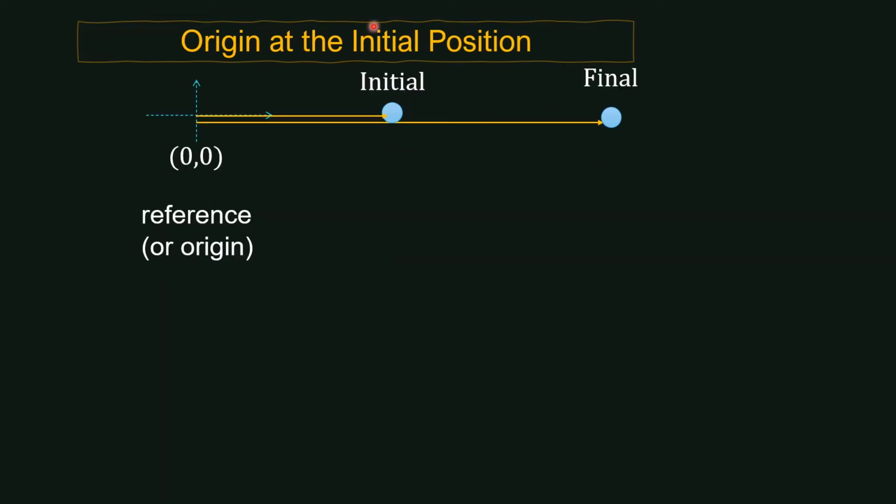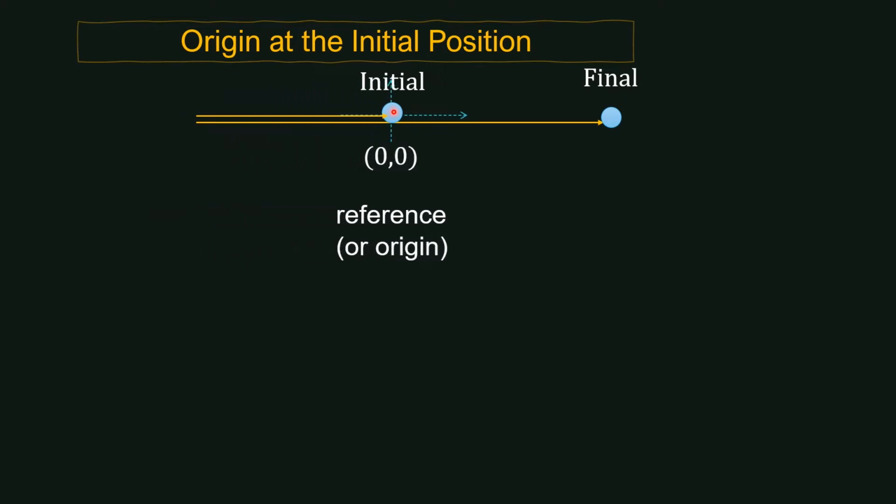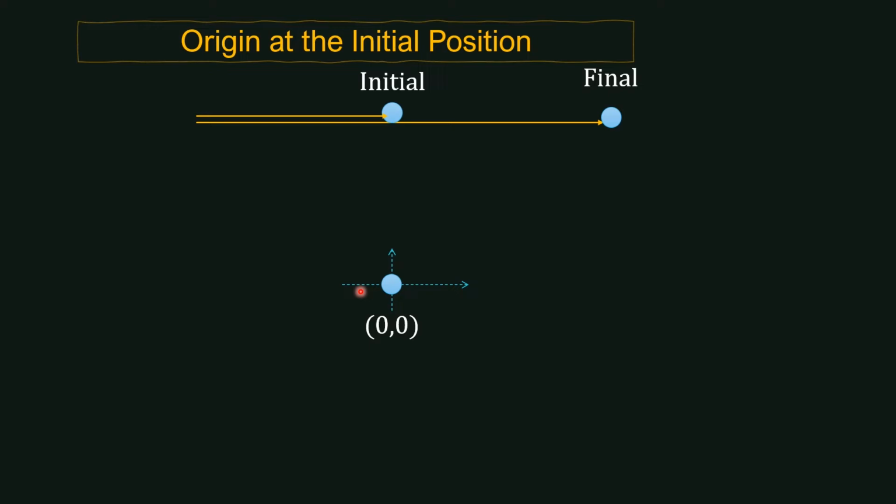If we decide to choose origin at the initial position, the initial position becomes 0. Let's copy the origin down here for 0 initial position. In this sketch, I am marking initial position right at the origin, labeled as xi equal to 0.